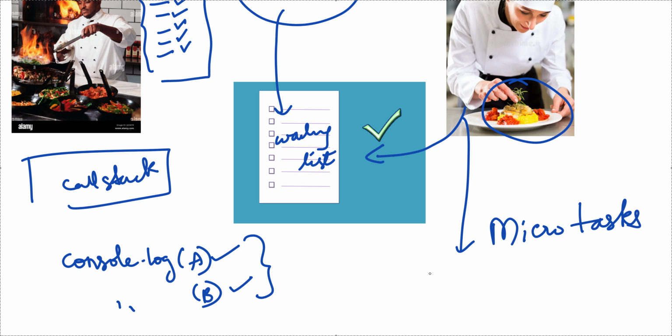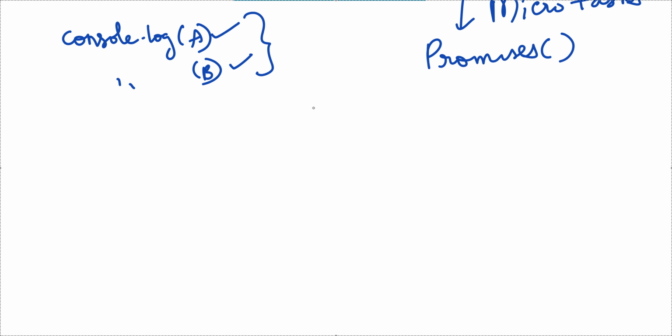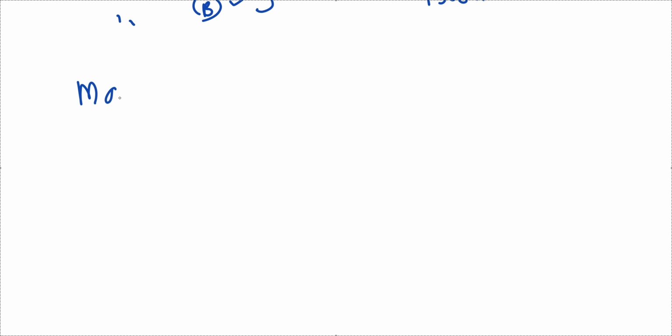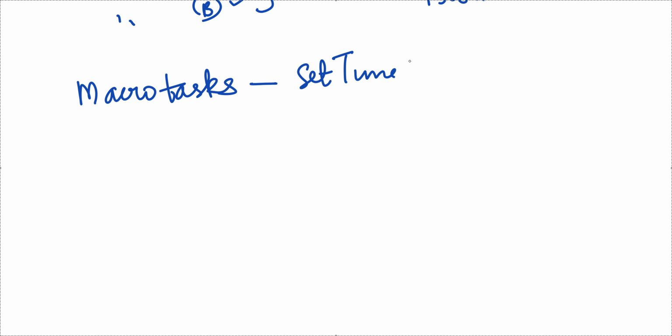These microtasks include promises or queueMicrotask, etc. After these microtasks, then this waiting list or macrotasks get executed. So first our call stack, then our microtasks, then our macrotasks. What is in macrotasks? Things like setTimeout, setInterval, etc.